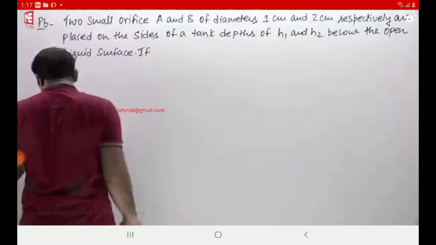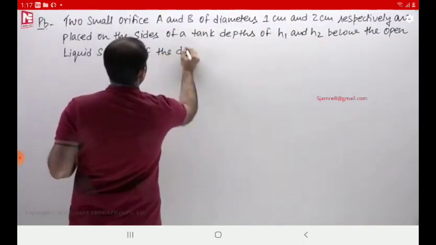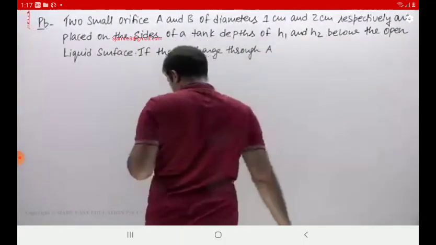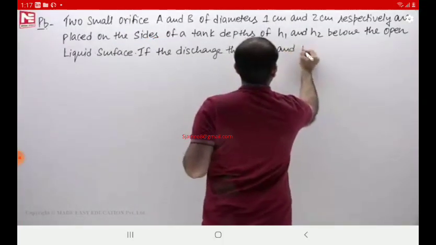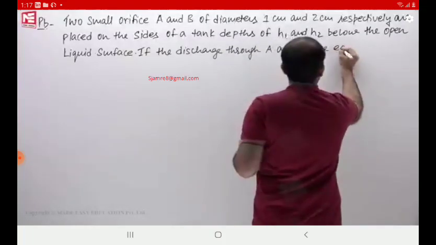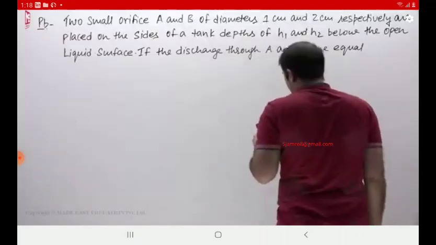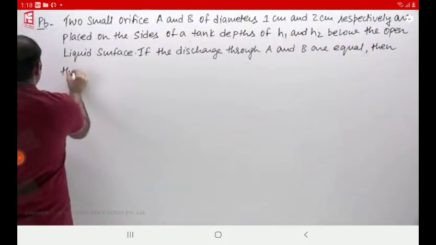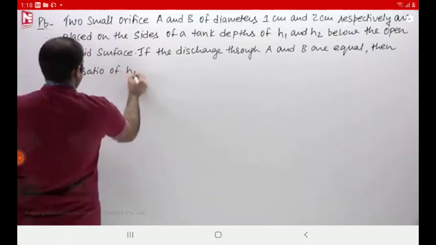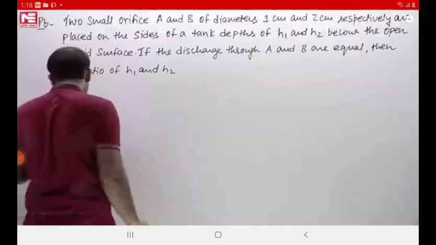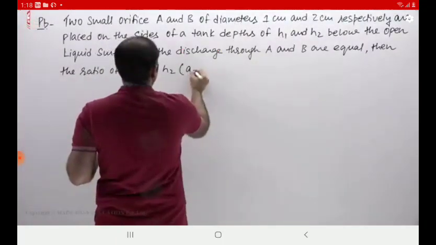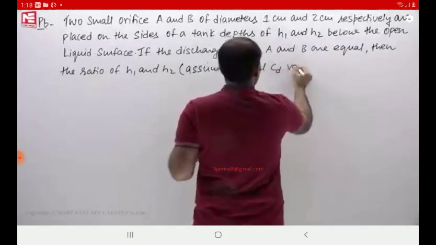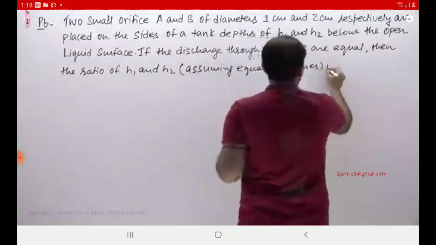If the discharge through A and B are equal, then the ratio of H1 and H2, assuming equal CD values, will be?